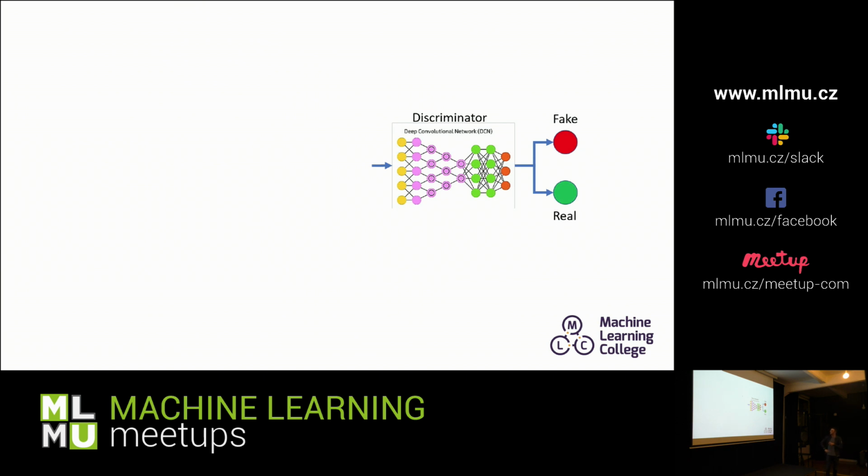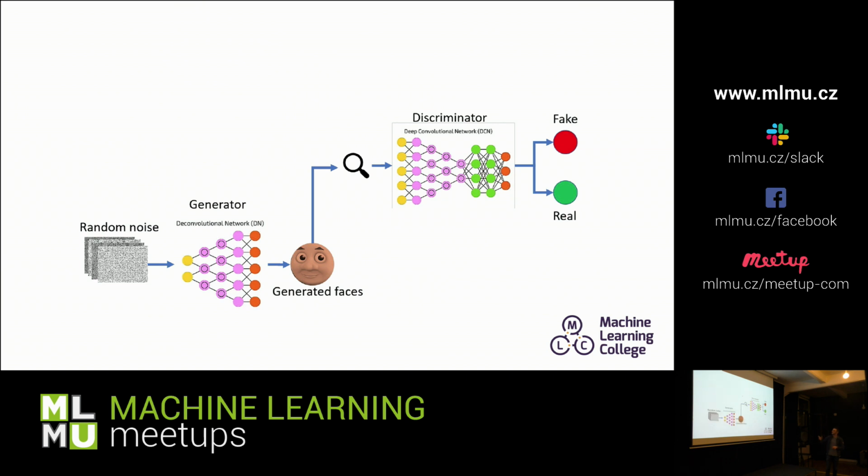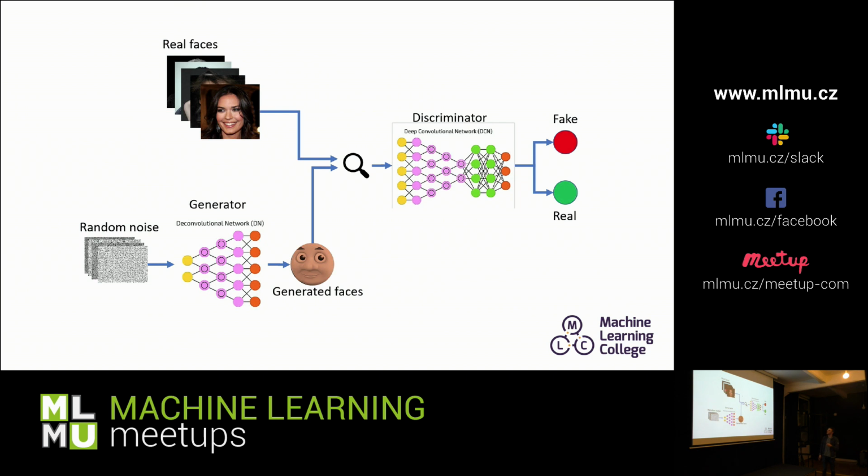The input to this policeman, this discriminator, is either output from your generative model, which tries to generate a realistic face, or a real face. The training goes into two phases. In the first phase, you freeze the generator in the state where it is, let it generate some faces, take some real faces, and try to improve the discriminator to be better at detecting fake and real images.